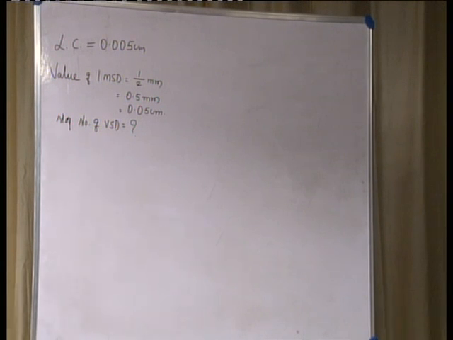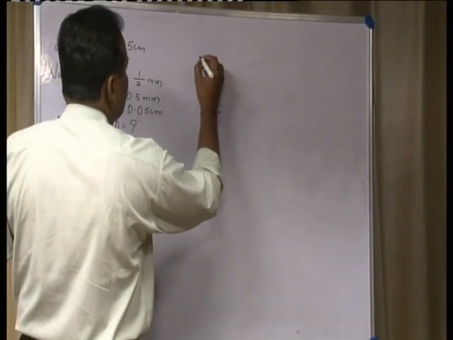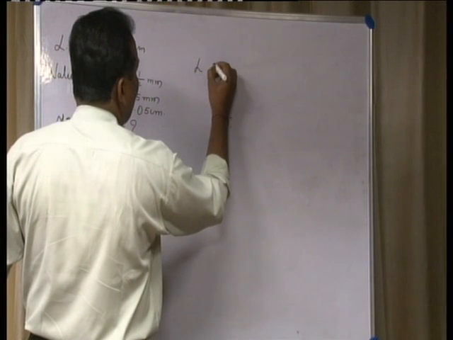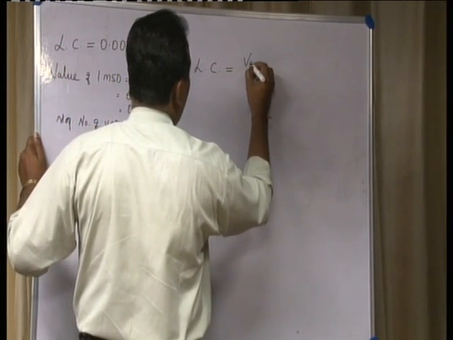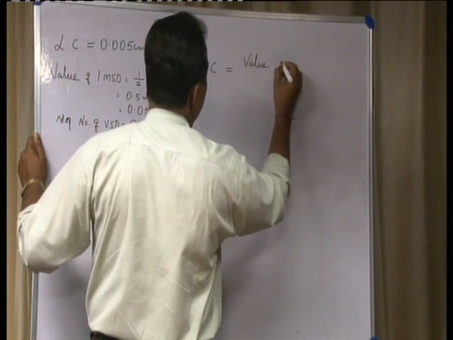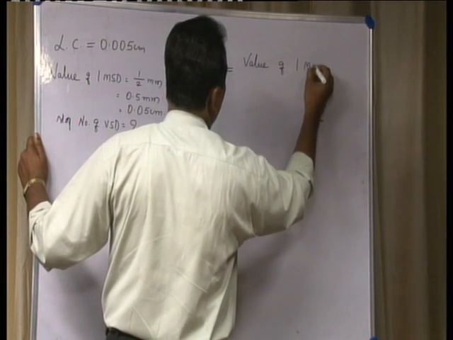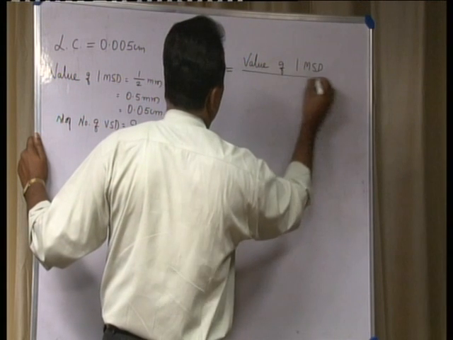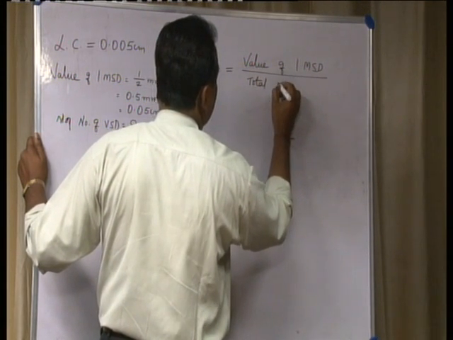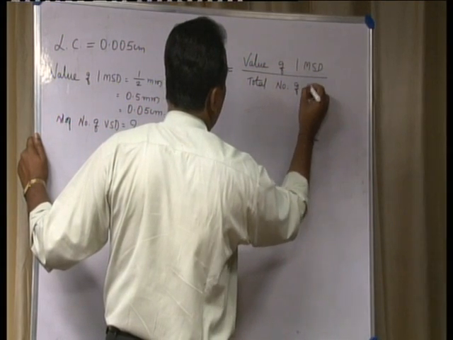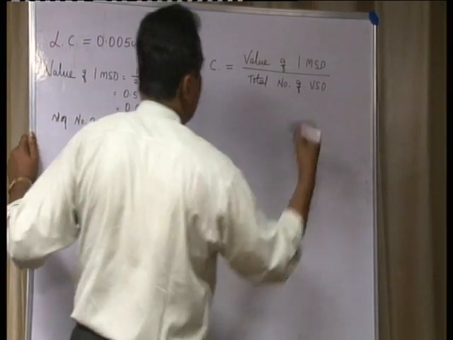We know that by definition, the least count in case of a vernier calipers is the ratio of the value of 1 MSD to the total number of VSD. Right.